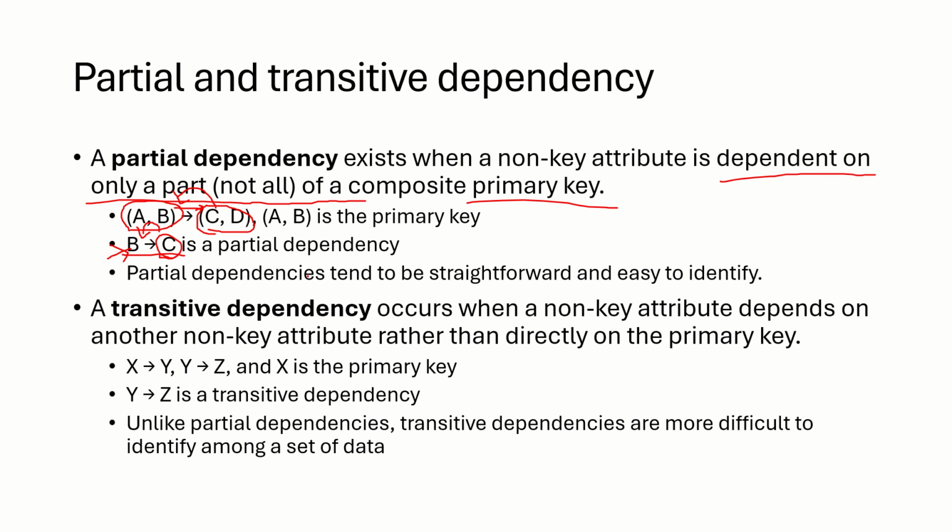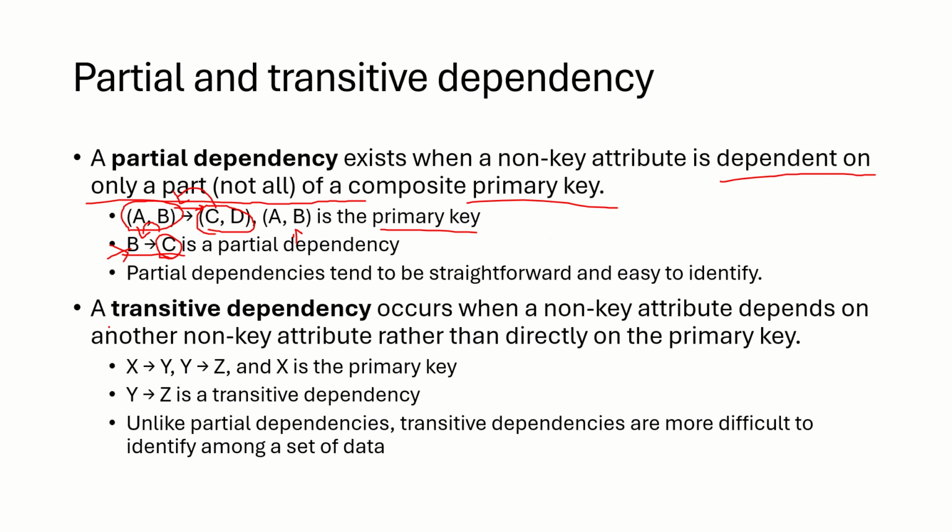Partial dependencies tend to be very straightforward and easy to identify, because as long as you know the primary key, you will know that some parts of the primary key can determine other non-primary-key attributes.